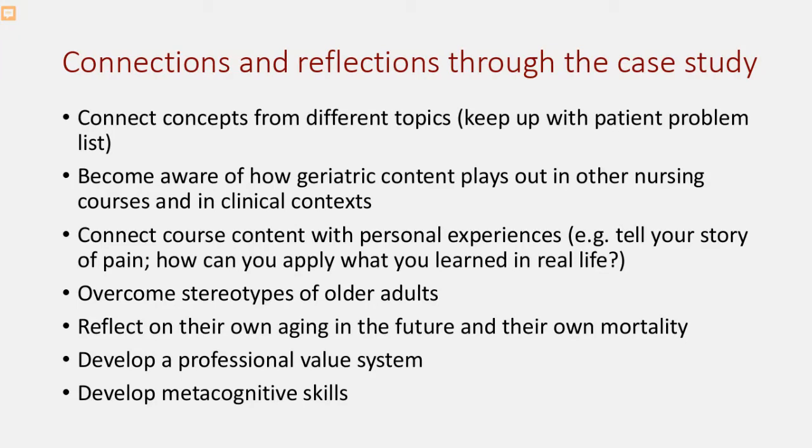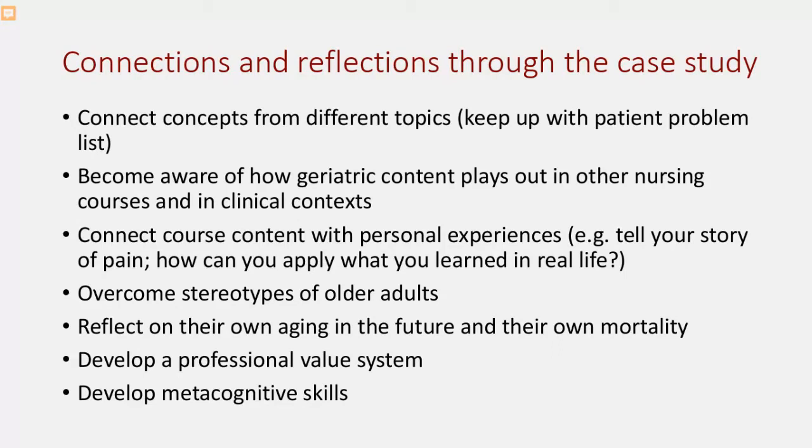We want the students to think about their own future and their mortality, because self-awareness is critical in a nurse, and that self-awareness means that they're taking care of aging and dying patients. To be self-aware about that, they need to think about their own mortality, and we ask them to write a living will, because that really brings it up; many of them will say, I never thought about that.